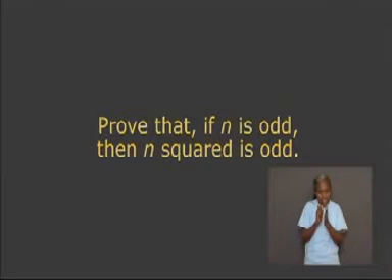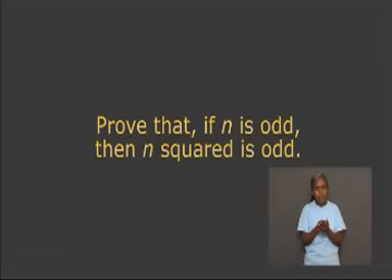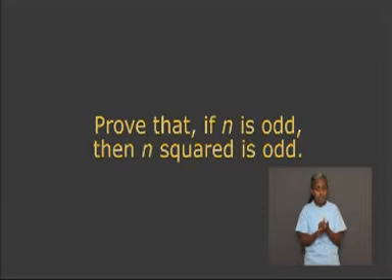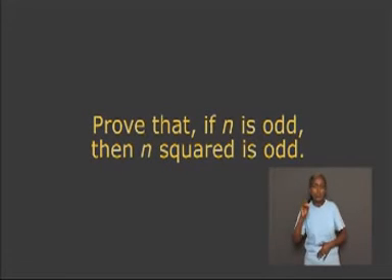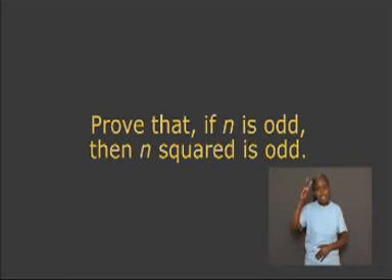As an example of a proof, let us consider the statement that if n is odd, then n squared is odd. First, we assume the truth value of the premise, that n is, in fact, an odd number. Then, we assume that n is equal to 2k plus 1, where k is an integer.